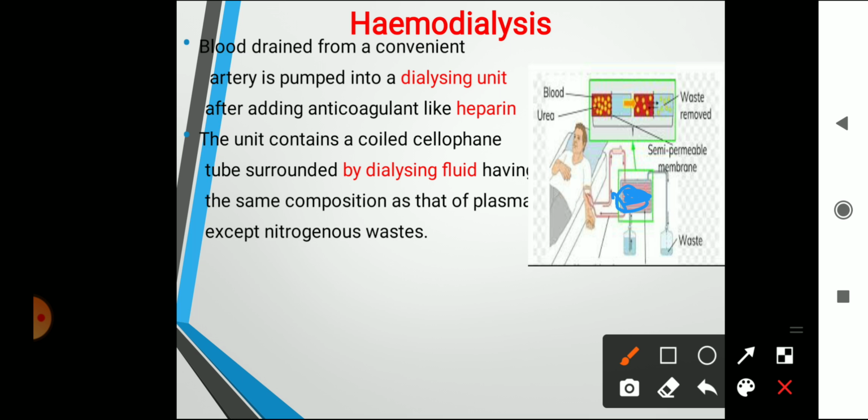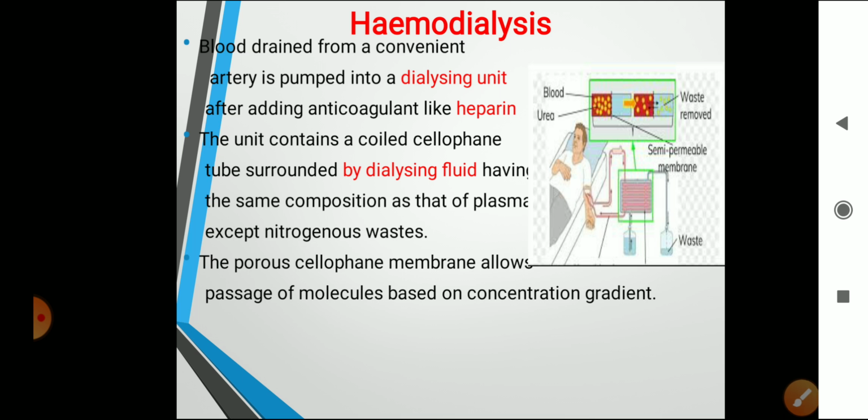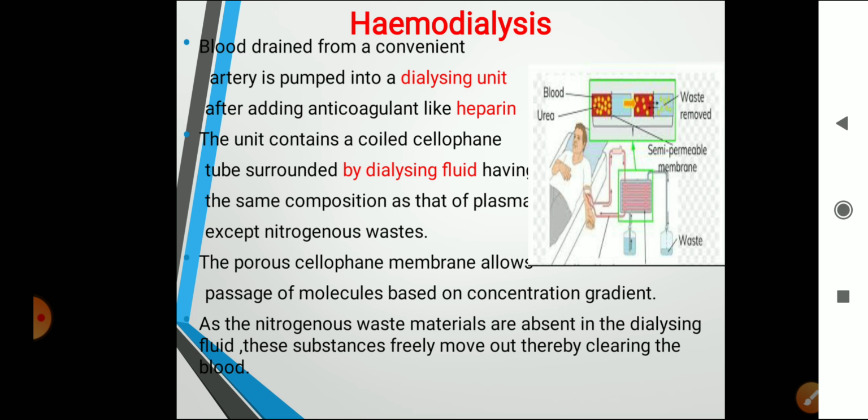So the composition of the dialysing fluid will be exactly similar to that of the plasma of the blood, except that it does not contain nitrogenous waste materials. While the blood flows through the cellophane membrane, the membrane allows the passage of molecules based on the concentration gradient. As the nitrogenous waste materials are absent in the dialysing fluid, these substances freely move out, thereby clearing the blood.